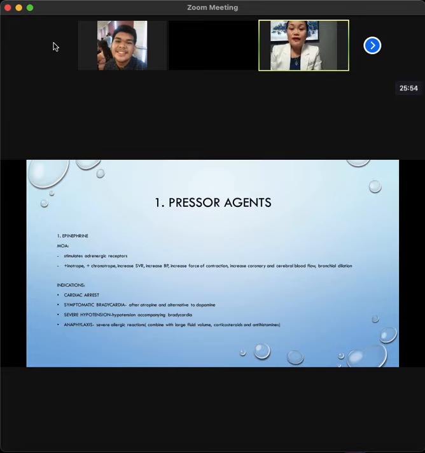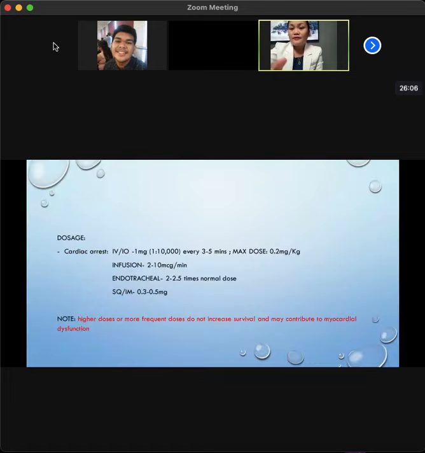If you have a severe allergic reaction, you can give epinephrine together with fluid volume, corticosteroids, and antihistamines. The dosage for epinephrine during cardiac arrest is 1 milligram at a dilution of 1 to 10,000 every 3 minutes, at a maximum dose of 0.2 milligrams per kilogram.